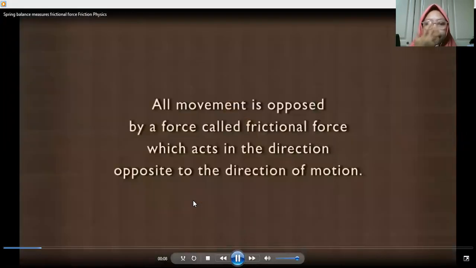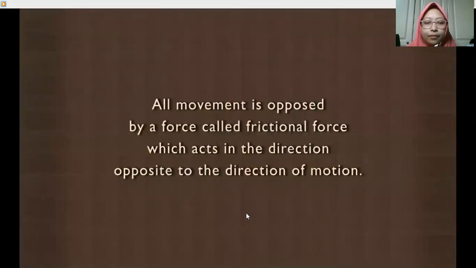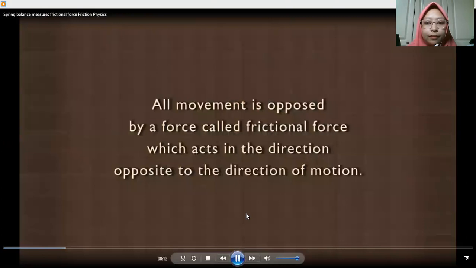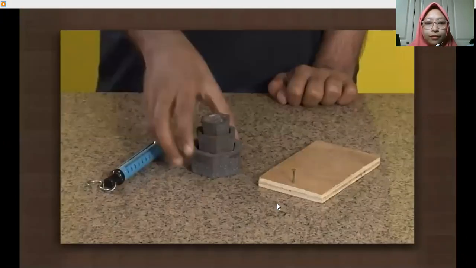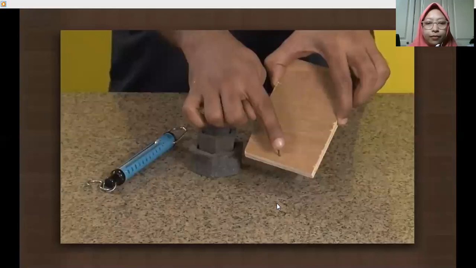It takes a lot of effort to push it, but pushing a smaller table is much easier. All movement is opposed by a force called frictional force, which acts in the direction opposite to the direction of motion. Let us conduct an experiment to study the effect of mass of an object on frictional force. For this, we need a spring balance, weights, wooden plank with a nail fixed on one end.